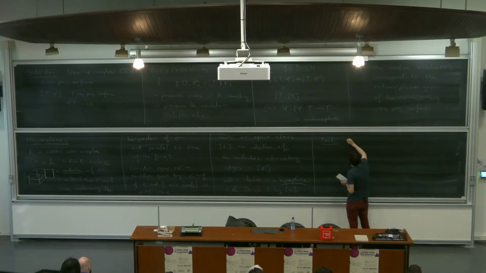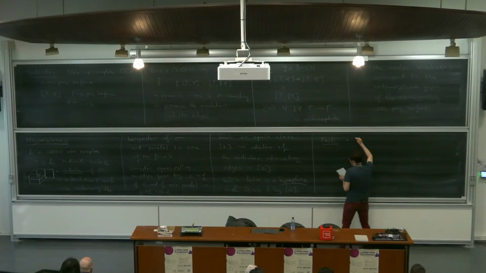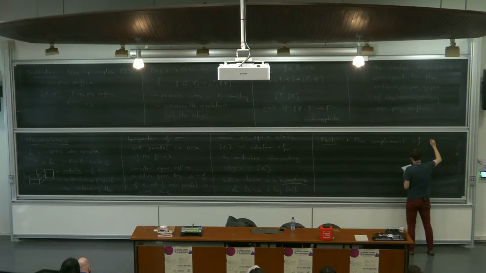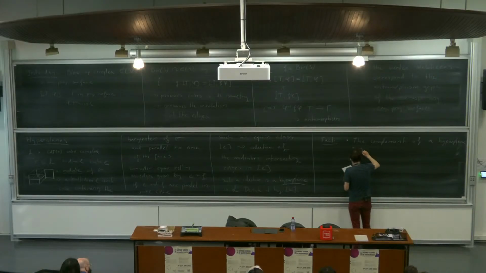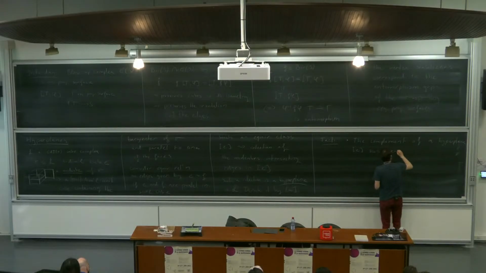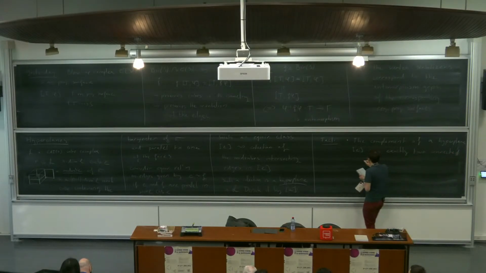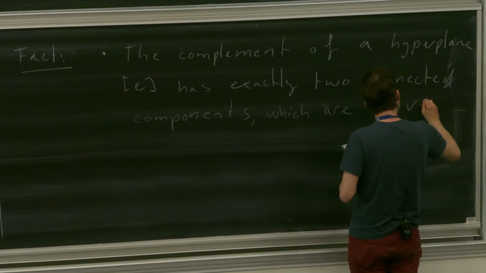So one important fact is that the complement of such a hyperplane consists of exactly two connected components. And in addition, they are convex.